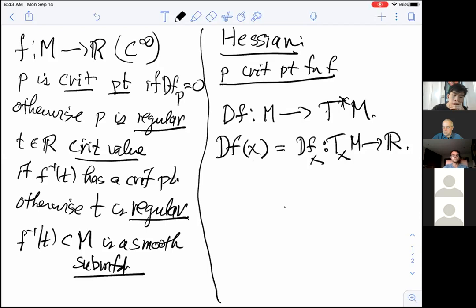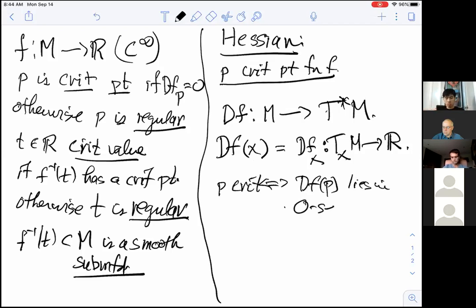Okay, so P being a critical point is equivalent to dF at P lying in the zero section of the cotangent bundle. Okay.